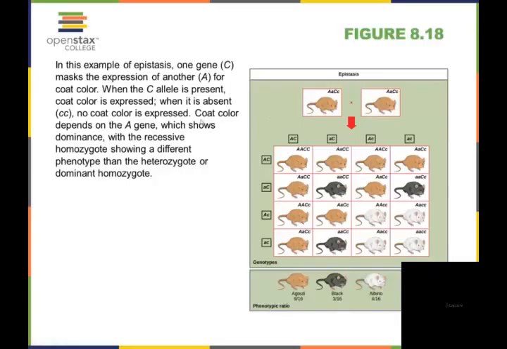C is going to say whether or not you're going to put that coat color into the mouse. So in that sense, if you have a gene to deposit coat color, it will be determined on do you have big A's or small a's. If your gene says you're not going to deposit coat color, you're going to be white and not deposit the coat color at all.